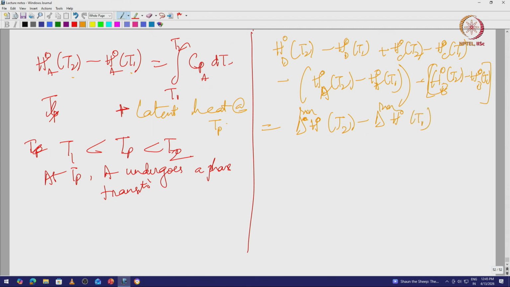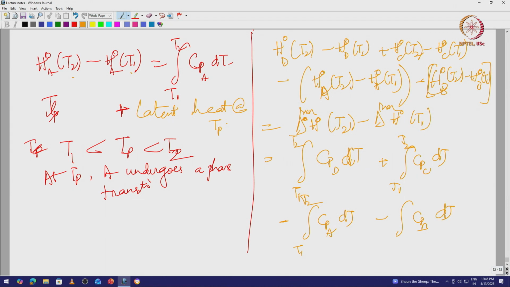So, now what is this? This is nothing but integral Cp of D dt from T1 to T2, plus integral Cp of C dt T1 to T2, minus integral Cp of A dt T1 to T2, minus integral Cp of B dt T1 to T2, plus any sort of latent heat contributions.